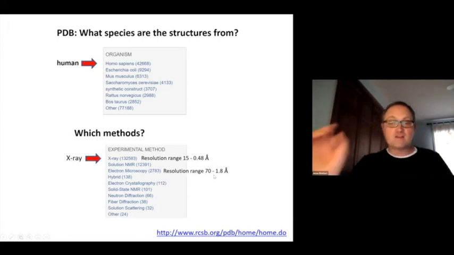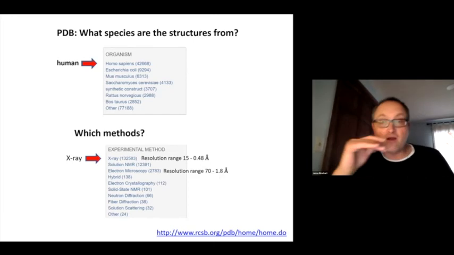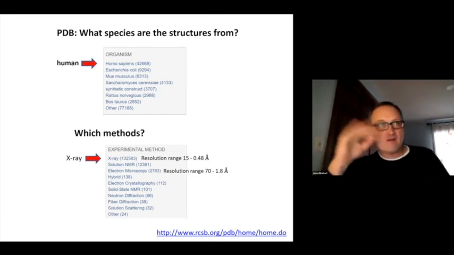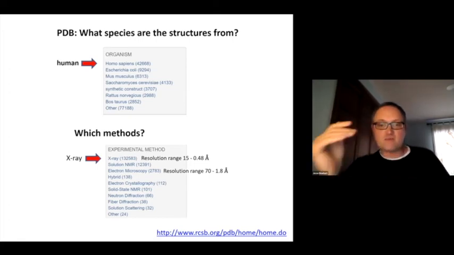And EM, it gets a little worse. We'll discuss that in a moment, but that resolution can range from 70 to 1.8. And so the majority of the EM structures are greater than that 1.5 barrier. There's very few EM structures of proteins that are really subatomic. So that's important to keep in mind.